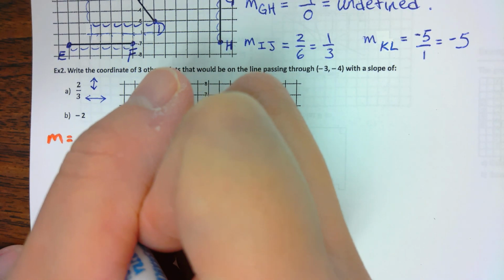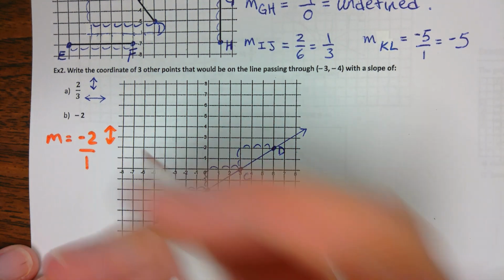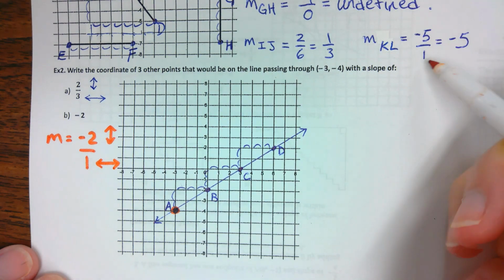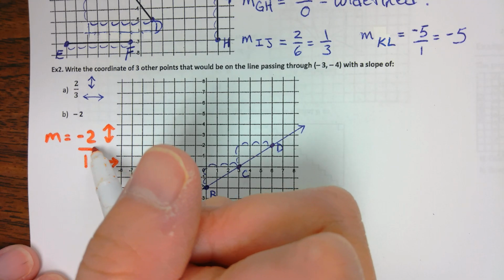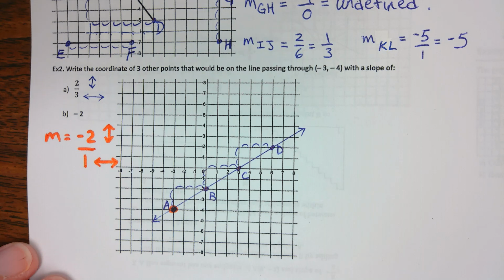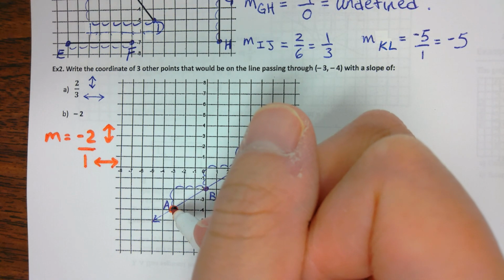So -2 is the same as -2 over 1. So here, I'm going to put in this 1 so that I see my rise and my run. All right. So from this point, what am I going to do?